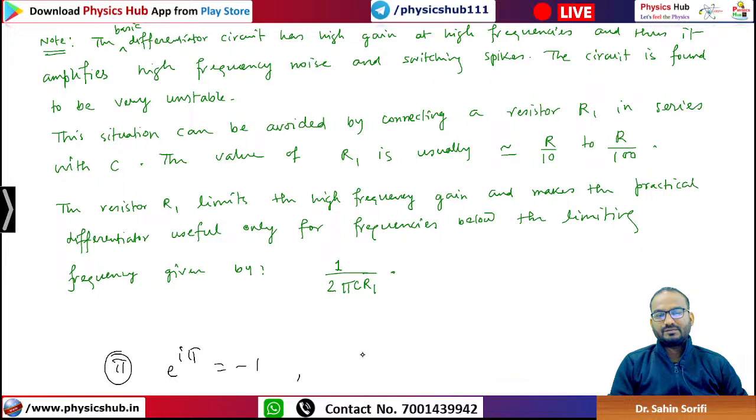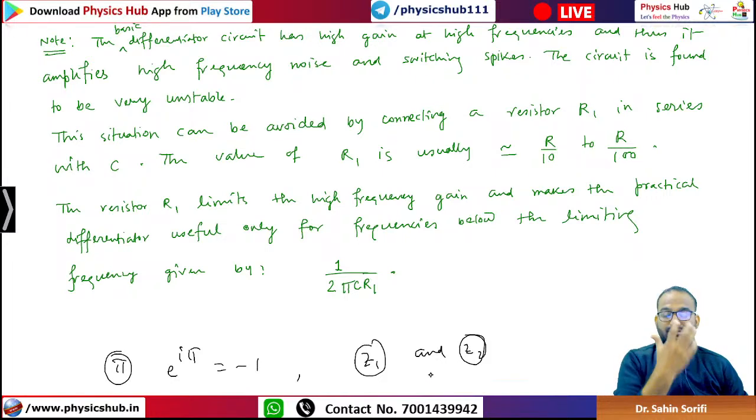We have already done this using Z1 and Z2. That was a general case. If you just want to invert the phase, a 180-degree phase shift, then you can use the resistor. If you want another type of phase shift, then you can use other elements accordingly.